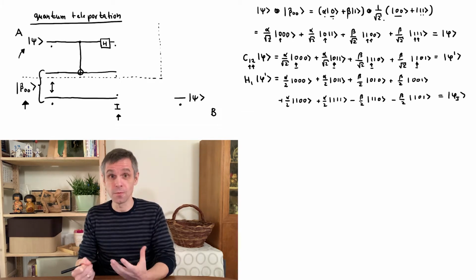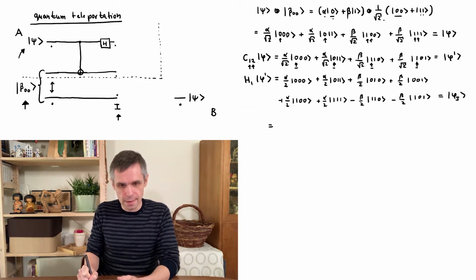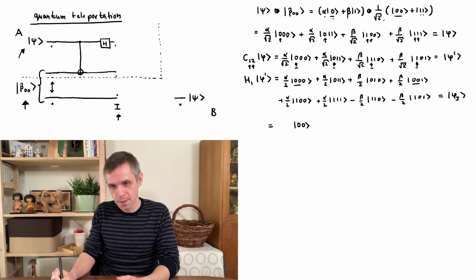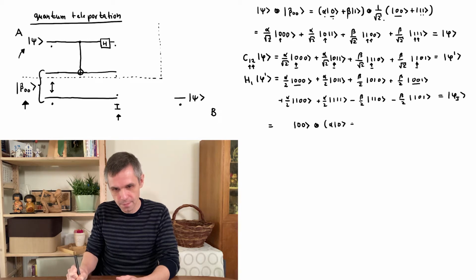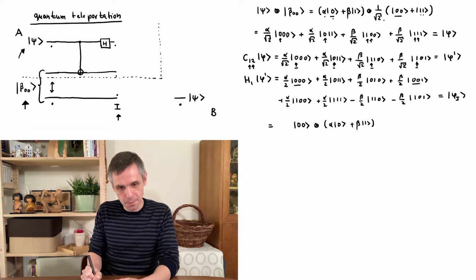Alice is in possession of the first two quantum bits, and if these are, for instance, in the state 0, 0, then we can read off that Bob's quantum bit is really in the state as given here, where we simply pull this factor 1/2 to the very front.